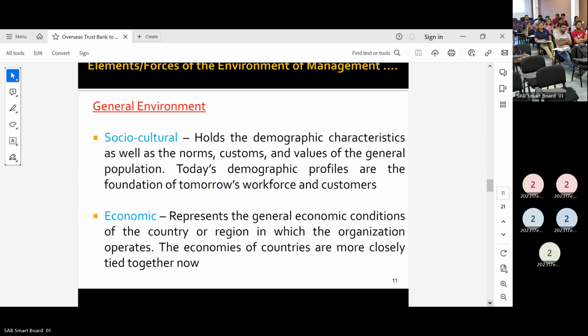Socio-cultural changes, even changes happening due to generational changes. There are 3 generations: X, Y, Z. Y is the millennials. Another name for Y is millennials. But now the one before is what? The oldest one? Baby boomers. Now it is over. Our grandfathers, grandmothers, they are not holding jobs. They have retired.